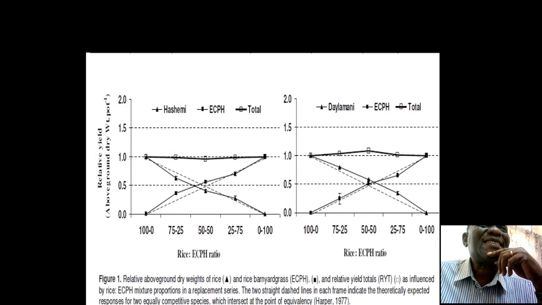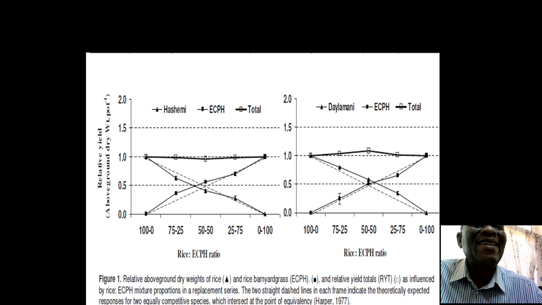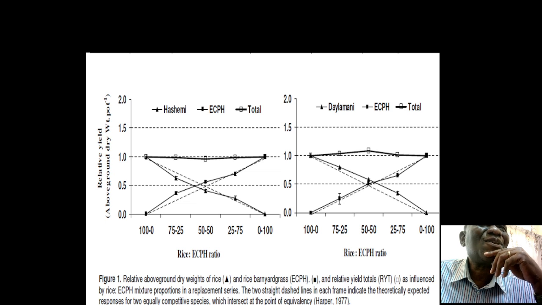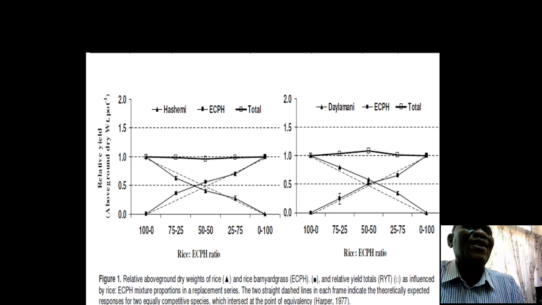So these are the results, where we have Shen, which is the rice, and Delaman on the other hand is also rice, competing with this weed.